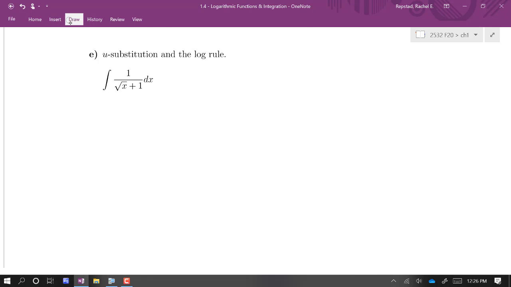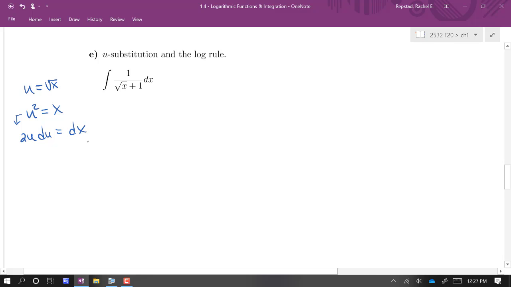The substitution we're going to make here that will be helpful is we're going to let u equal the square root of x. And if u is equal to the square root of x, then u squared is equal to x. And I'm going to differentiate this function to get my du and dx. So taking the derivative with respect to x, we have 2u du is equal to dx.